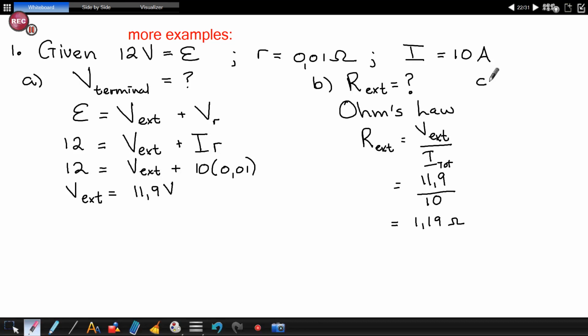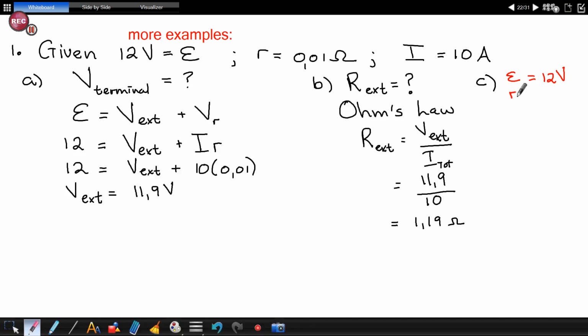Number C, I'm sure you'll be able to determine the potential difference if the battery produces 100 amperes. So what has changed? What has not changed? The EMF can't change. It stays 12 volts.